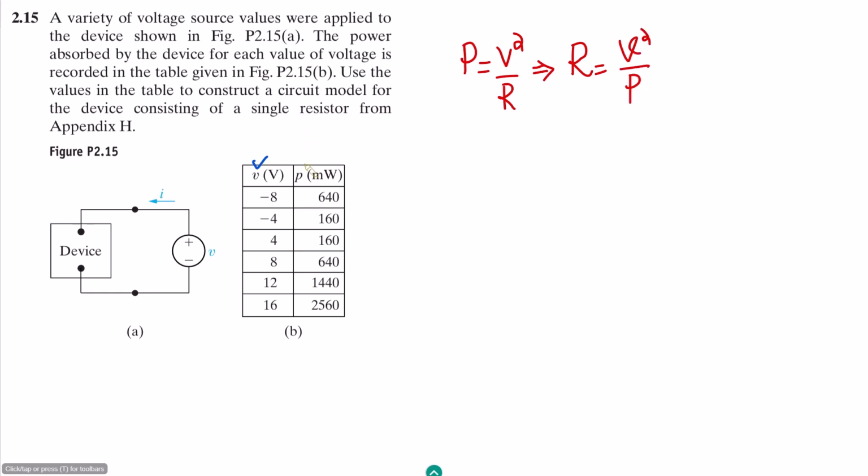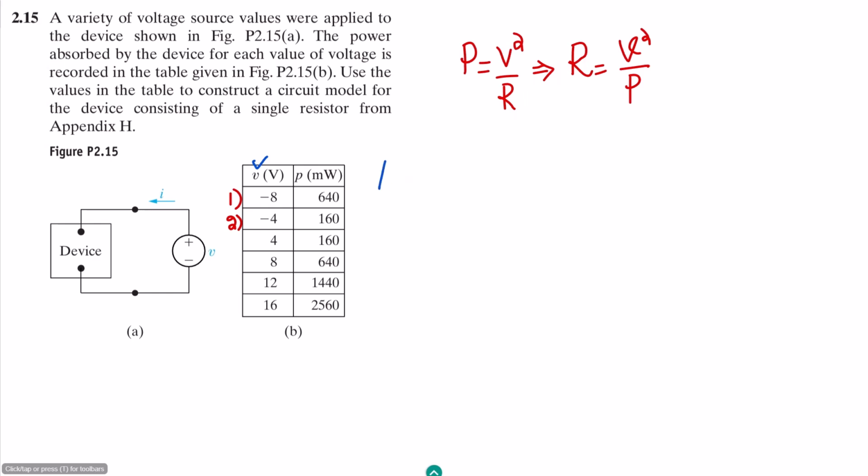Okay, so for each of the pairs here, this is pair 1, 2, 3, 4, 5, 6, each row will give us the constant value. Let me write it here.